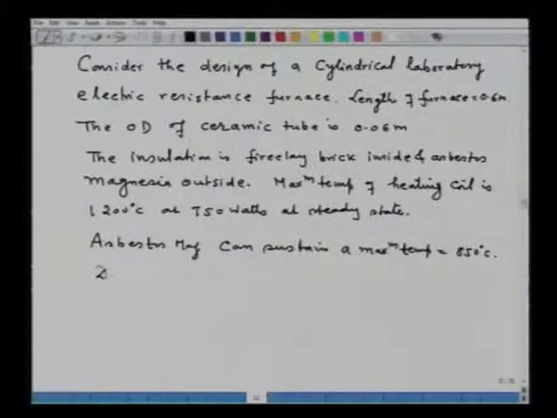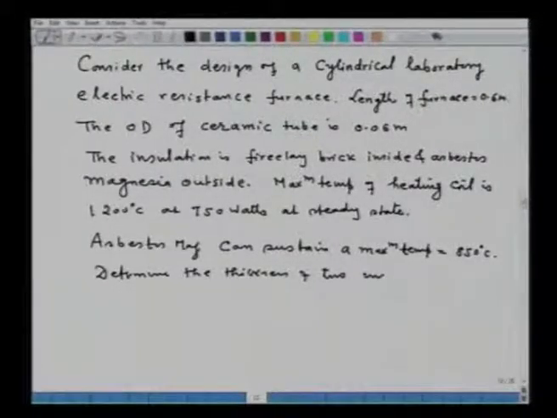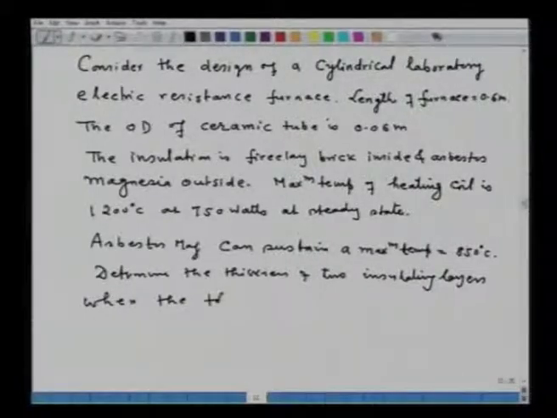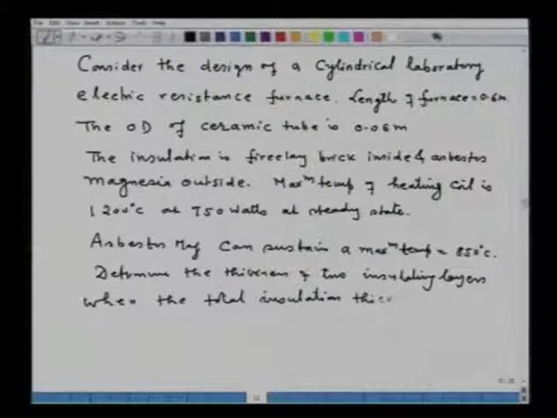You have to determine the thickness of the two insulating layers when the total insulation thickness is minimum.